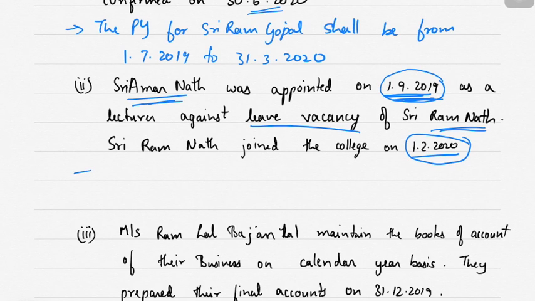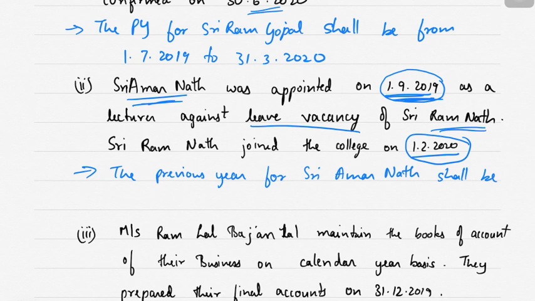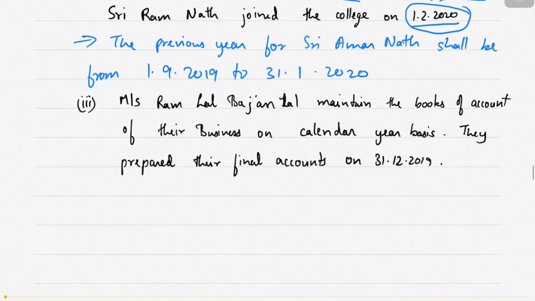So in this case, the previous year for Shri Amarnath shall be from 1st September 2019 to 31st January 2020. Okay. Now next, Mrs.